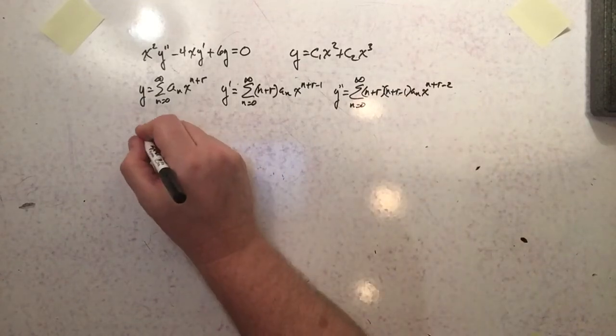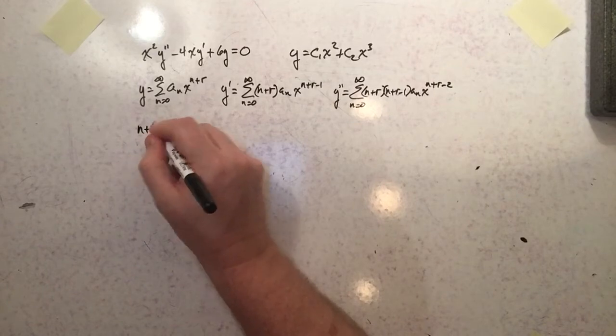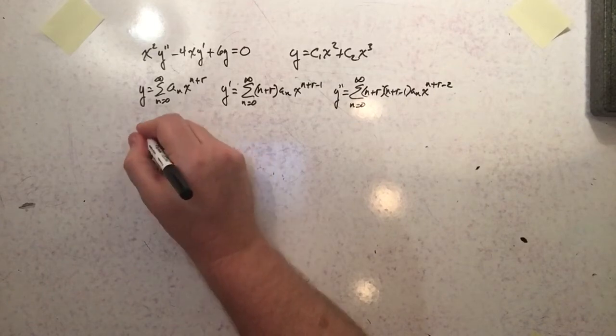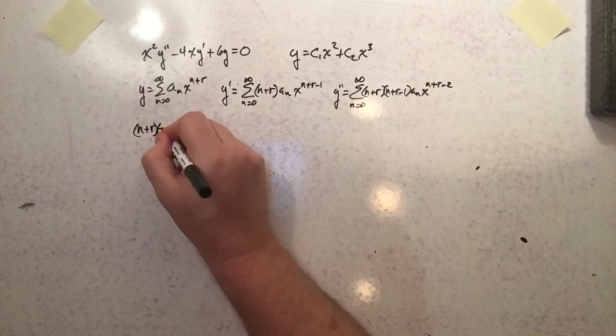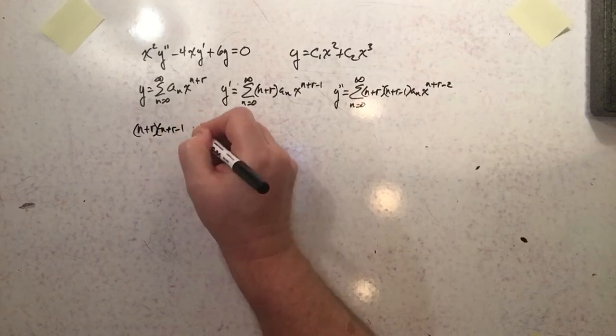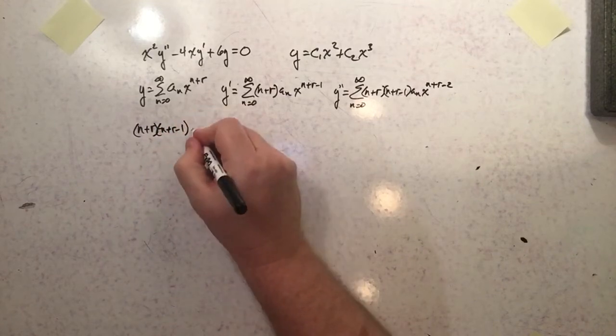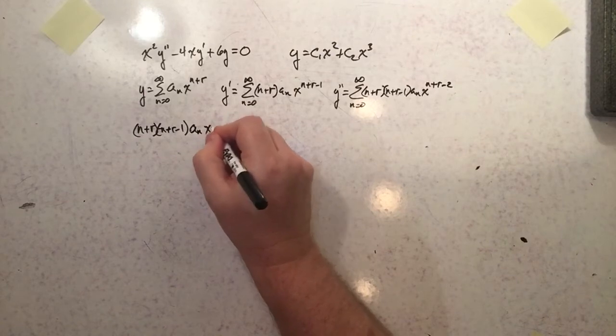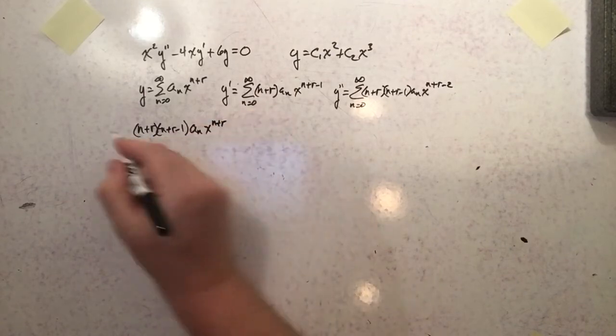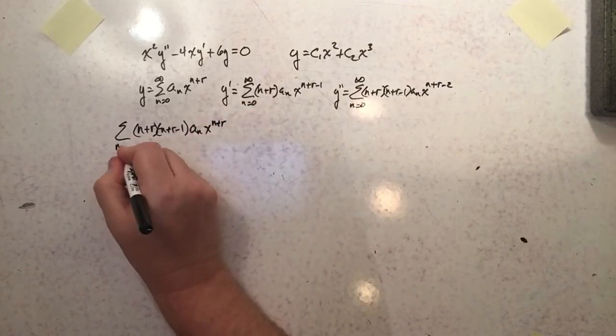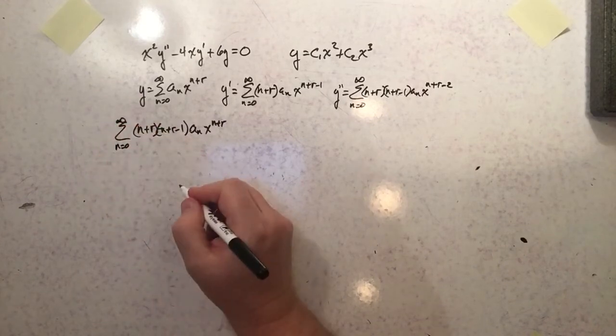So the first term will just be n plus r times n plus r minus 1 a n x to the n plus r. And of course this has a summation in front, n equals 0 to infinity.